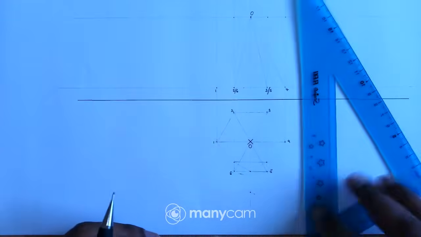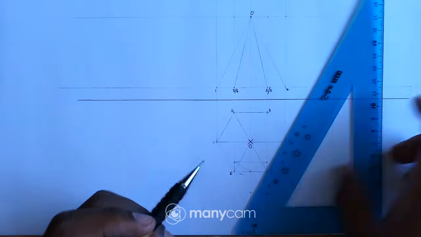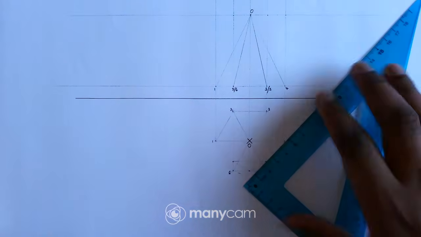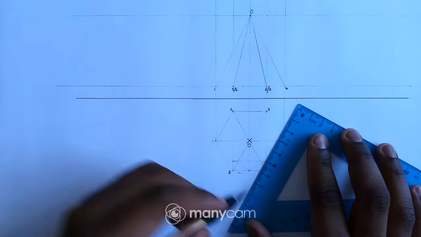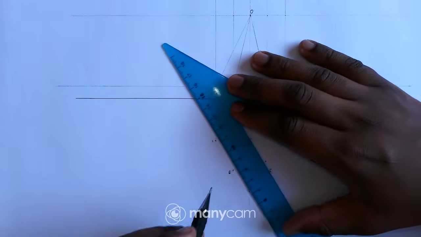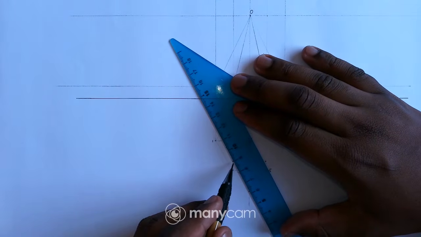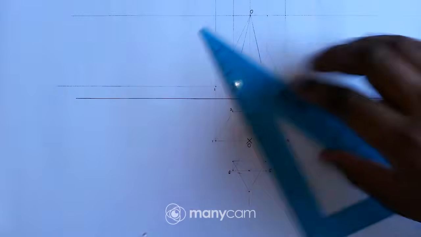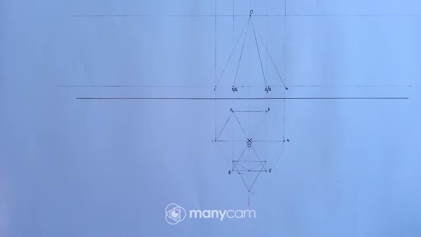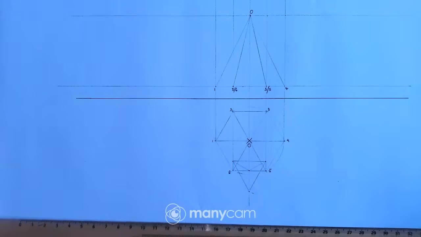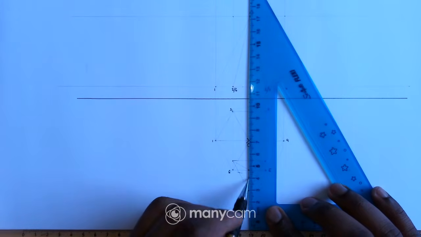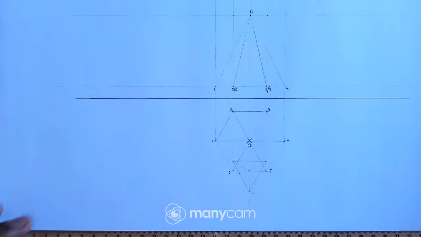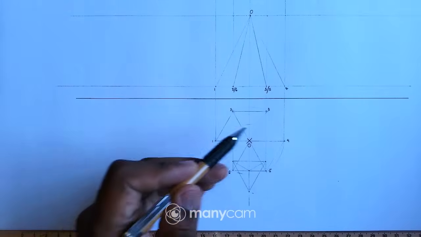So now I can just connect the points there, light construction, just like that. Okay, so this is our top view in light construction.